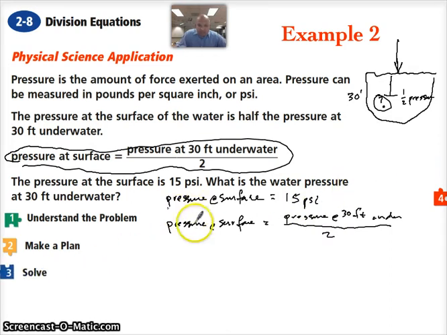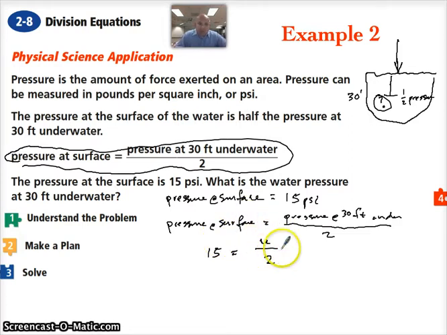I'm going to put 15 psi on this side of the equation, equivalent to pressure at 30 feet underwater. We'll just call that U, underwater pressure, divided by 2. The question is, what is that water pressure underwater? Once again, we're going to solve it by isolating the variable U divided by 2.